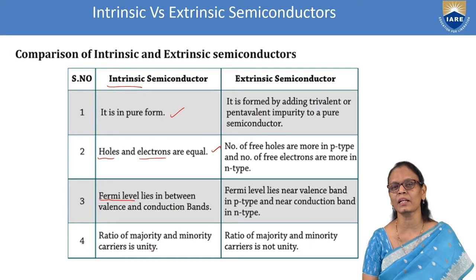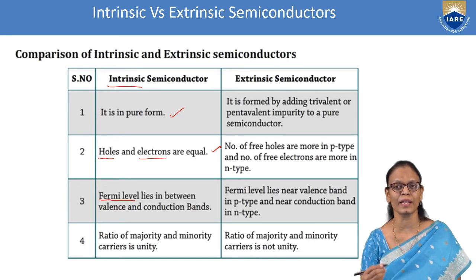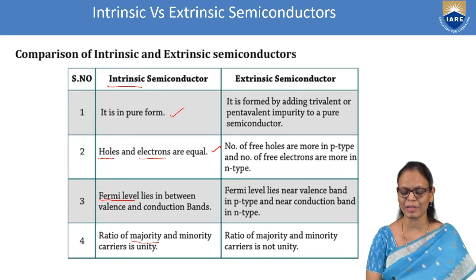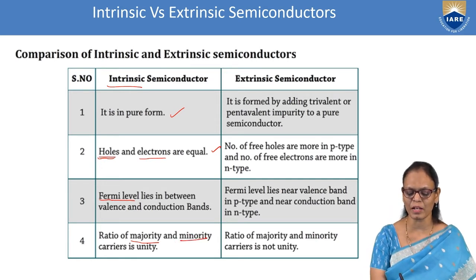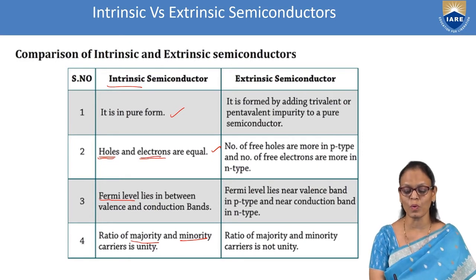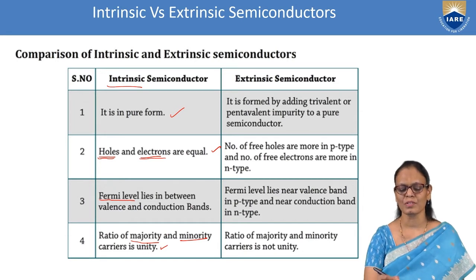Majority and minority comes only if the number of holes is more than electrons, then holes will become the majority carriers and electrons will become the minority. But in this case, because the number of holes is equal to the number of electrons, the ratio of majority and minority carriers will be unity, because it is the same. So this is all about intrinsic semiconductor.